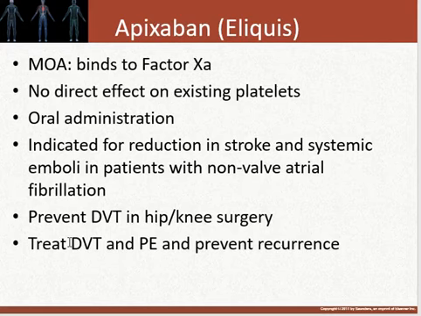Another drug in this factor 10A inhibitor category is apixaban. This one targets factor 10A, and it doesn't affect the existing platelets. This is orally administered, which is a little bit better, especially for patients who don't like to self-inject. You can see this used for reducing strokes in patients that have had systemic emboli.